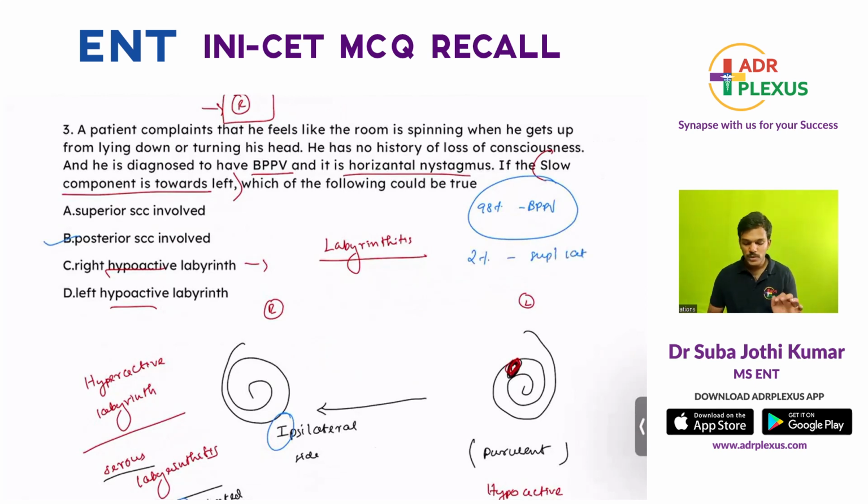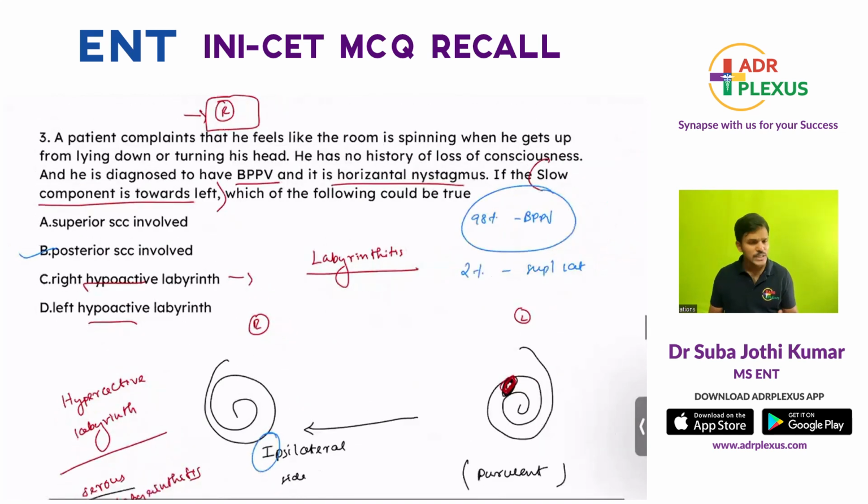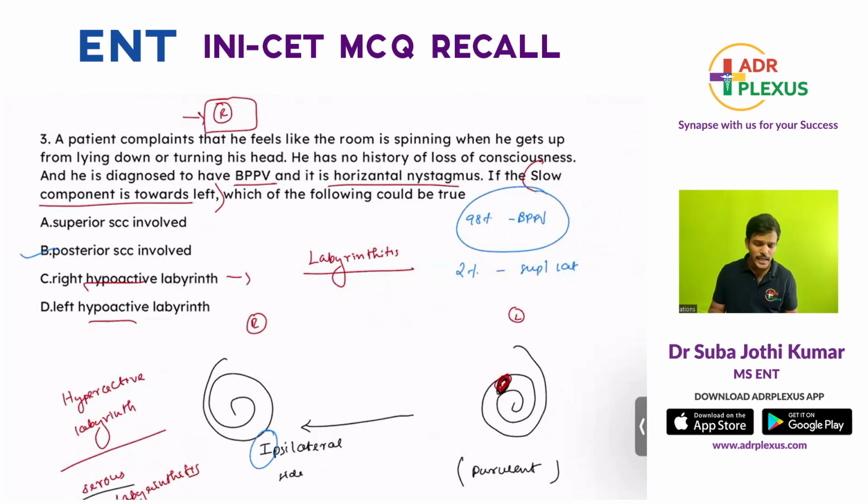Clear? So this is how this question can be sorted out. According to the sources given to me, BPPV is given as the answer in this question itself. So the answer could be posterior semicircular involvement.